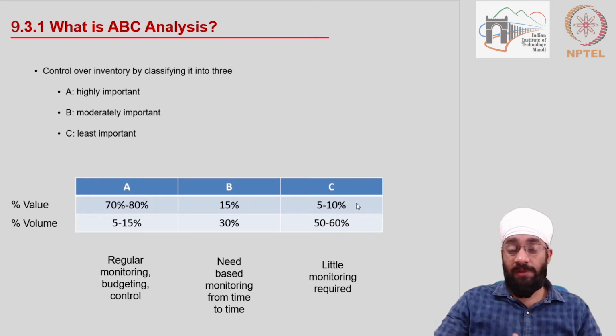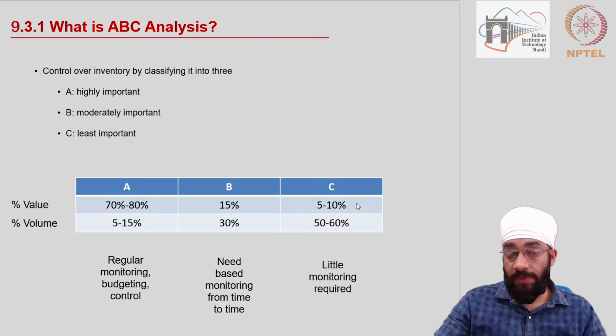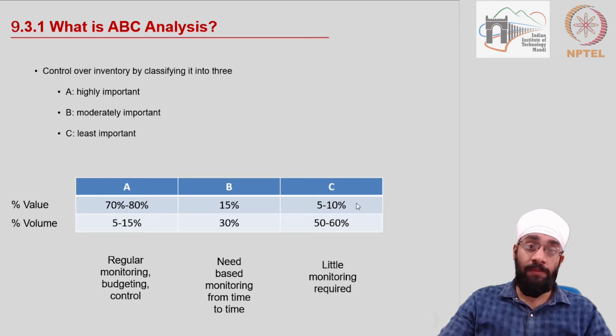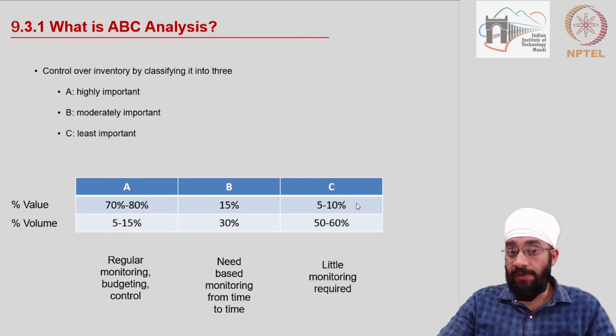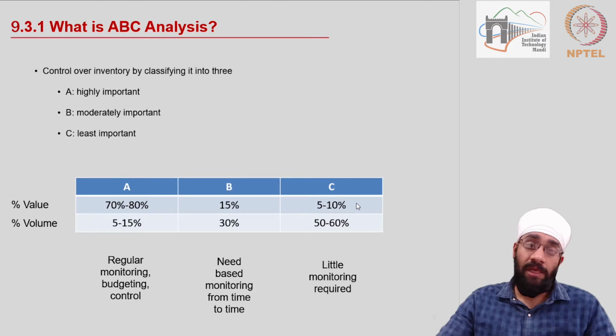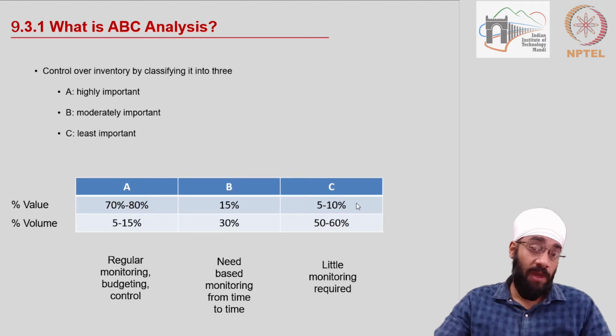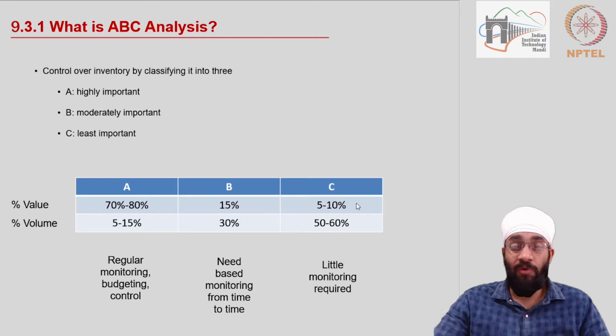Now, in business, in the manufacturing business particularly, a large number of items, different types of raw materials are stored. You have to source various types of material which go into the finished goods. Some of the materials are more costly than the others, and some items like spares or smaller nuts and bolts are going to be cheaper.